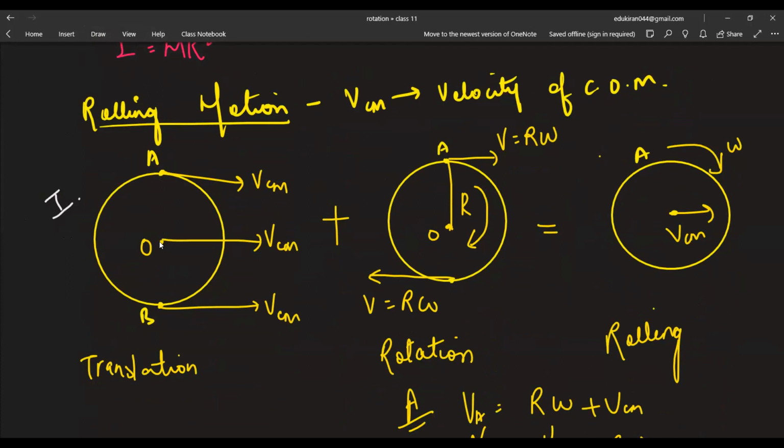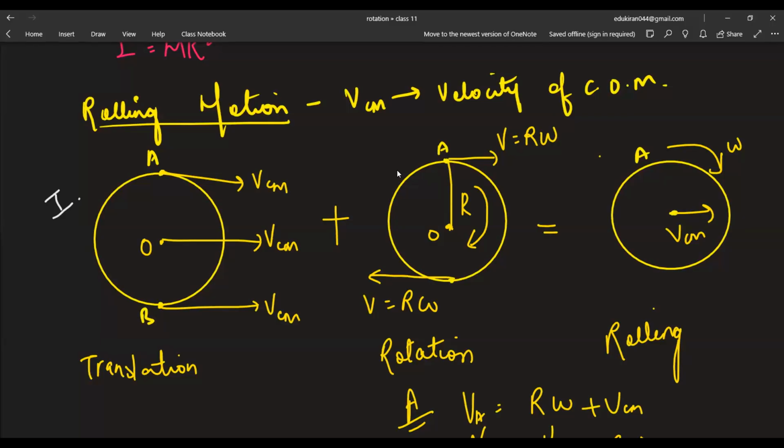So if there are 3 points, these 3 points are just for reference. Point A is on the uppermost side, O is at the center, B is on the lowermost side. So consider the velocity of the center of mass of each. For those who don't know, center of mass is a point where the entire mass of the body is supposed to be concentrated.